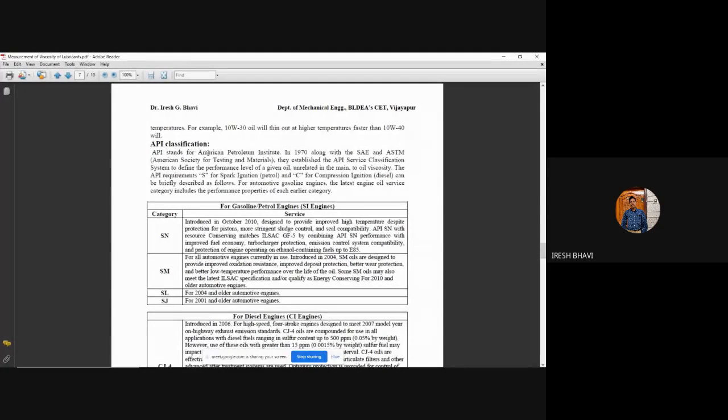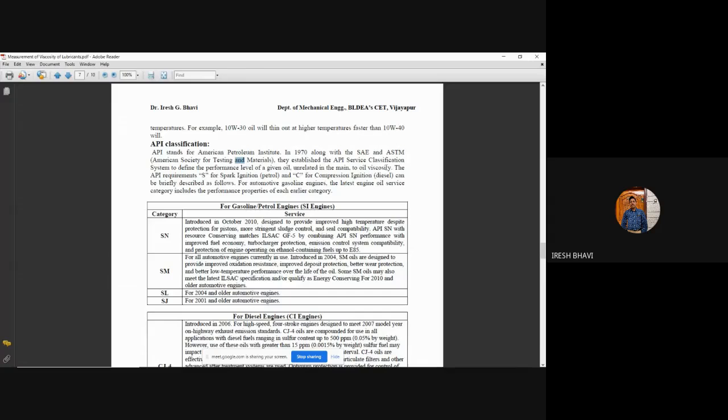API stands for American Petroleum Institute. In 1970, along with SAE and ASTM, SAE is Society of Automotive Engineers and ASTM is American Society for Testing of Materials. Okay, it is testing of materials, not testing and materials. They established this API service classification system to define the performance level of a given oil.